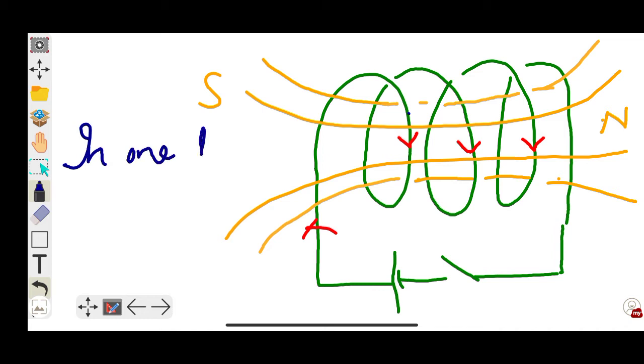One turn of, say for example, this solenoid. So I'll write in one turn of the solenoid. It could be a coil or a solenoid. The only thing is the expressions for magnetic field are different, but the phenomenon is similar.